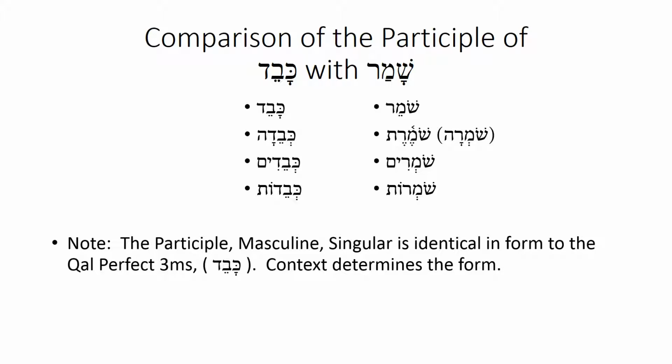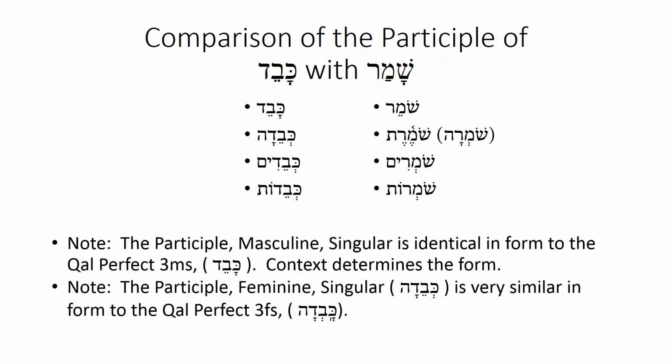Again, note that the participle masculine singular is identical in form to the perfect third person masculine singular, kaved, and context determines how to parse it. And once again, the participle feminine singular, keveda, is very similar in form to the perfect third person feminine singular, kaveda. That should be a hey there, not a hate.